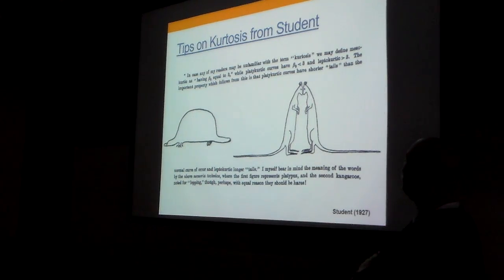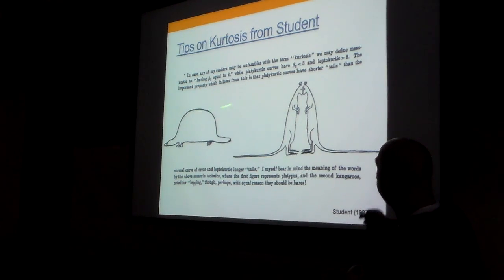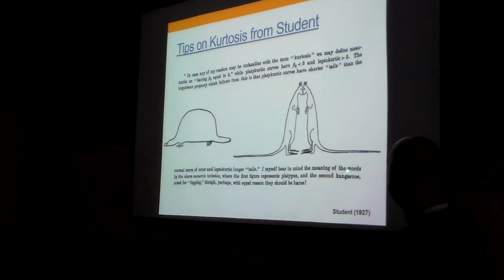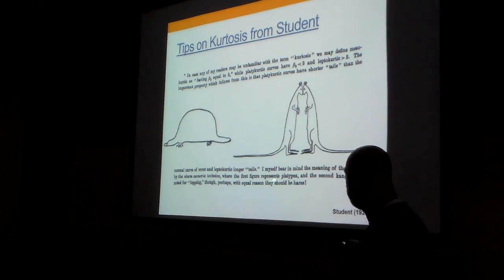Okay. Oh, this is cool. This is from one of the students' actual publications. They say, for people unfamiliar with the term kurtosis, mesokurtic is having, blah, blah, platykurtic. I myself bear in mind the meaning of the words, the figure presents the platypus, second kangaroo.